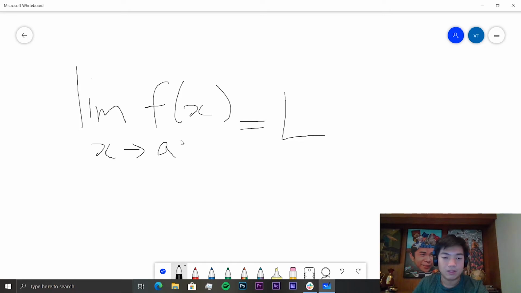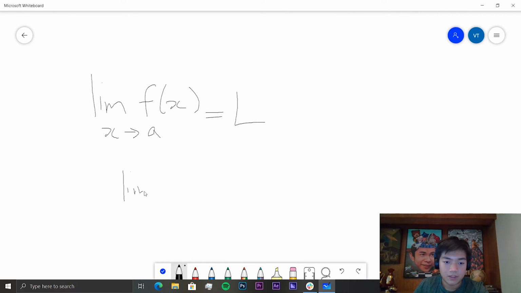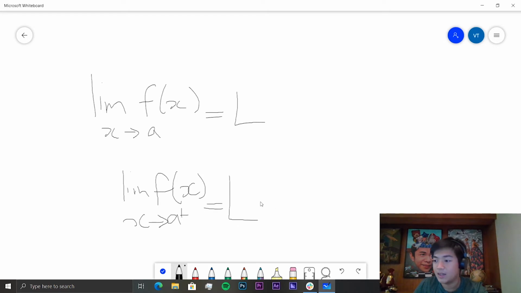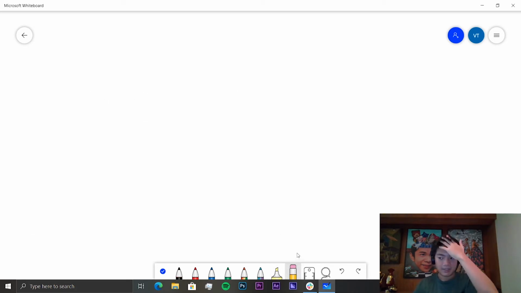If we ignore this minus or plus sign, this is equivalent to the limit of the function as x approaches a from the plus side equals L, and the limit of the function as x approaches a from the negative side is also equal to L. So both of these cases are equal to L, and L, of course, being a real number. That is one condition. So with that being said, let's evaluate some limits.